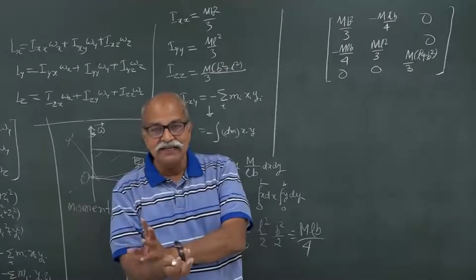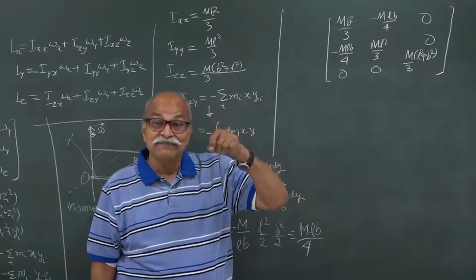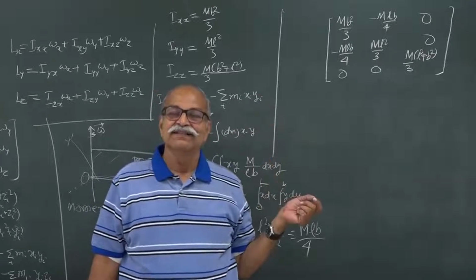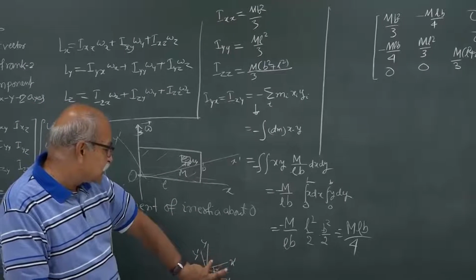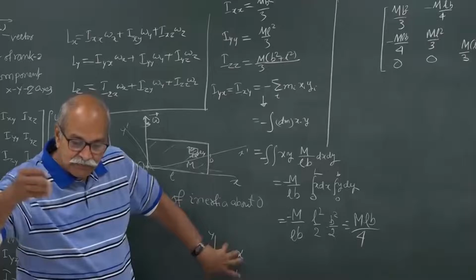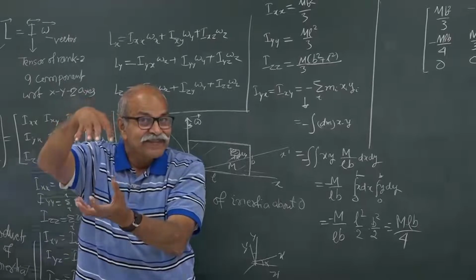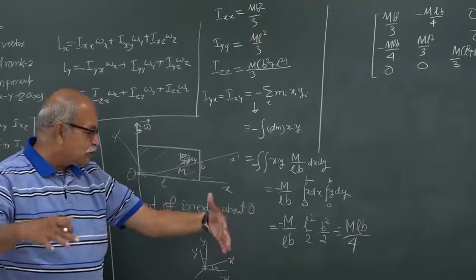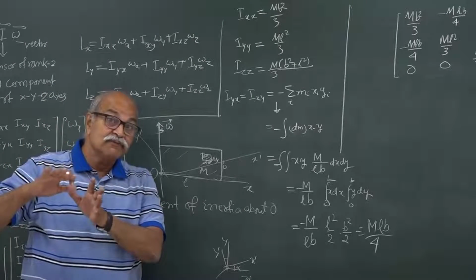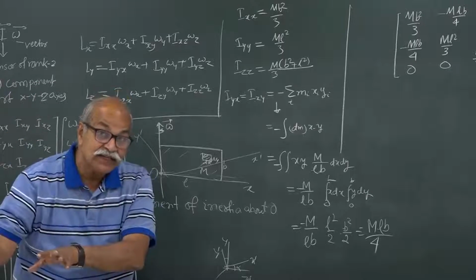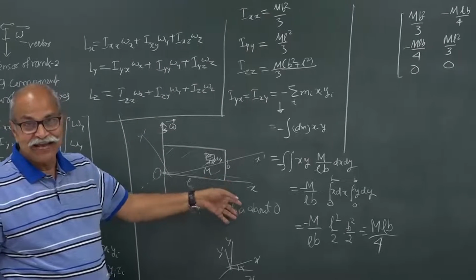If you choose different x, y, z axis, the components could be different, but moment of inertia as a physical quantity will remain same. In fact, tensors and vectors are defined in terms of this transformation. If you rotate the axis by certain angle, there is a certain rule according to which the new components and the old components of the same physical quantity will be related, and if those transformation equations are obeyed, then only we say that this is a tensor of rank 2, or this is a vector, which is also called tensor of rank 1.